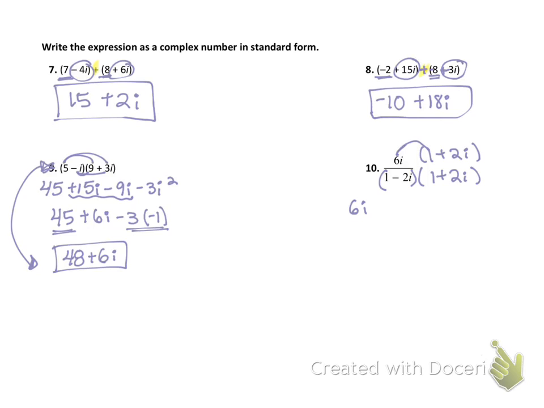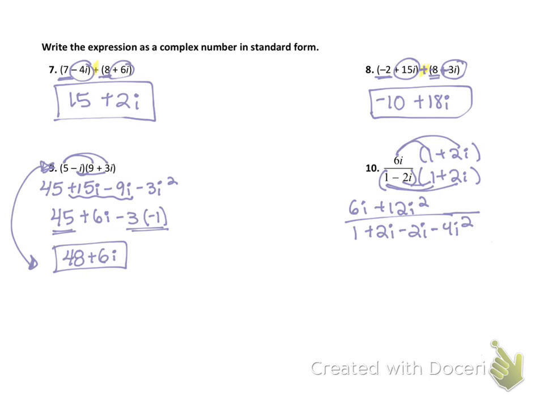That's just 6i. 6i times 2i. So 6 times 2 is 12. i times i is i squared. Now on bottom, 1 times 1 is 1. 1 times 2i, 2i. 1 times negative 2i, negative 2i, negative 4i squared.